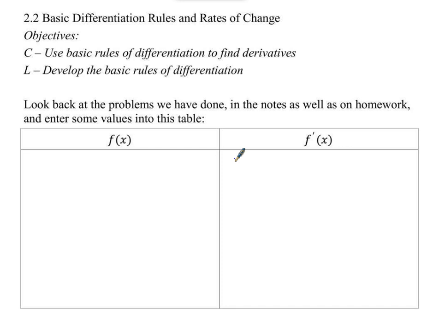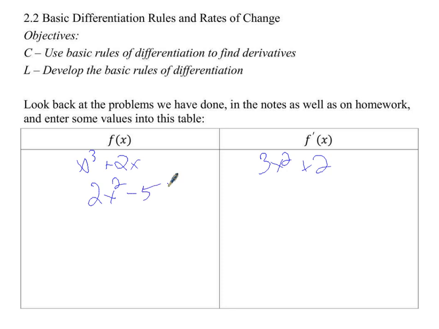Give me one of them. x cubed plus 2x. And what was the derivative? Okay, give me another one. 2x squared. And what did we get? 2x squared minus 5.